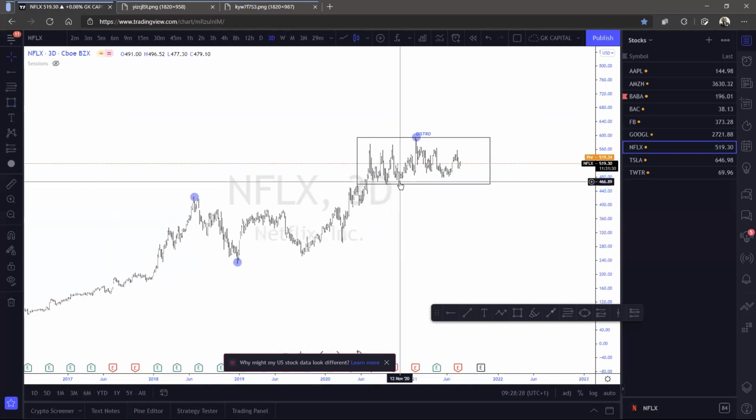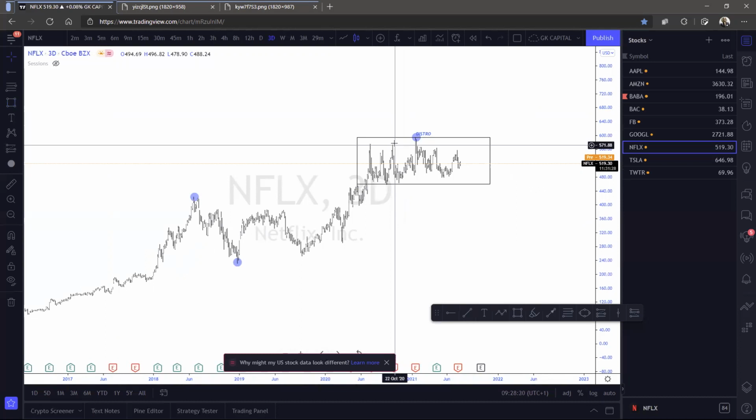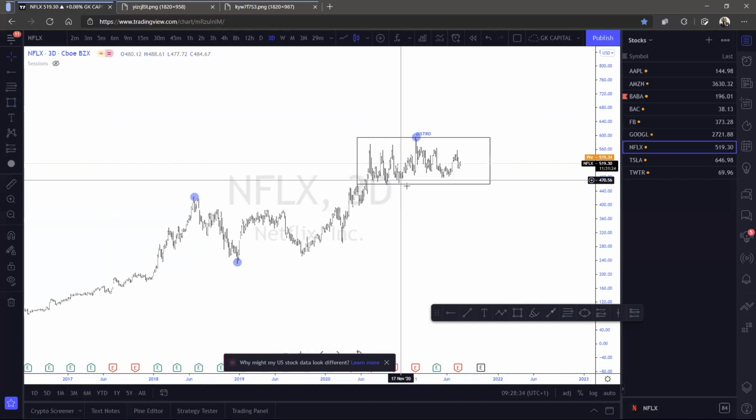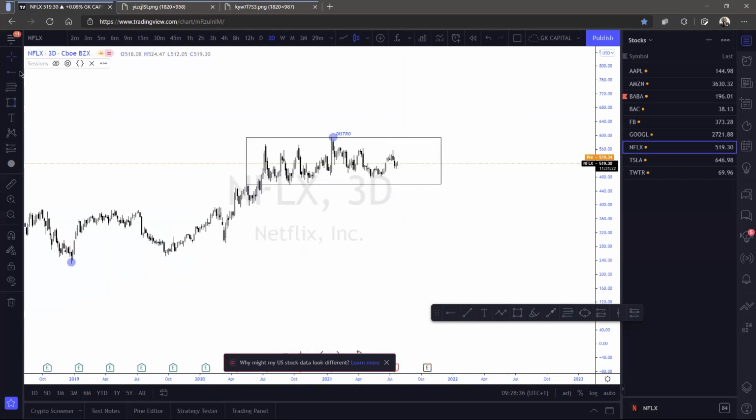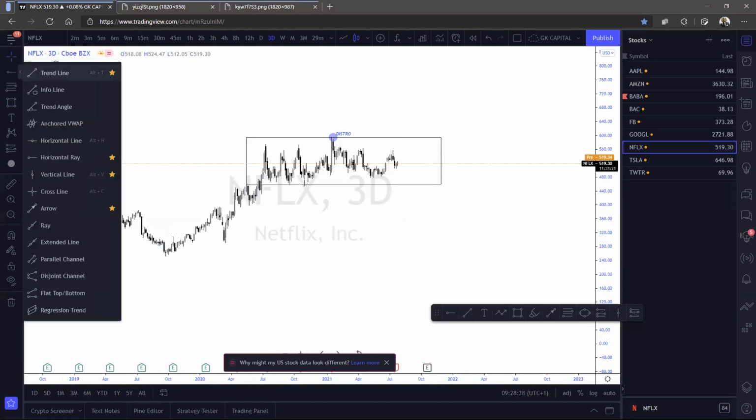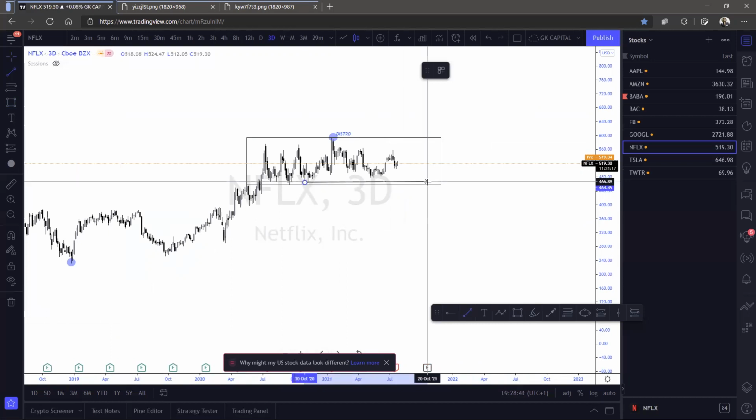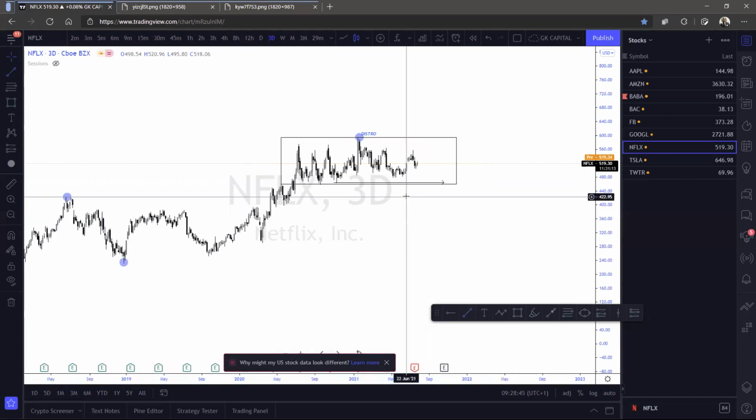We don't have any break of structure yet. The break of structure will be here. Yeah, that's what we need to wait on.